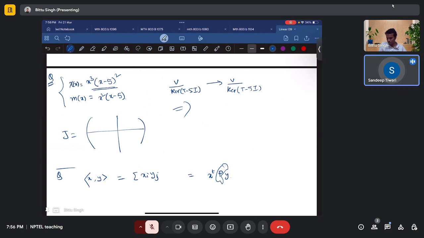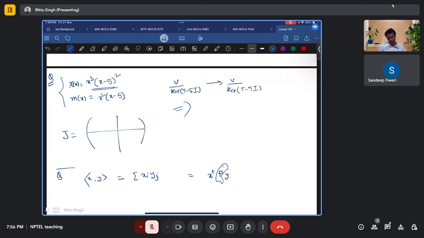Sir, will we study orthogonal subspaces in detail? Because there are more questions from these topics nowadays. Yes, maybe in the next tutorial we will see a special kind of operator called a normal operator, and a normal operator you can actually diagonalize.